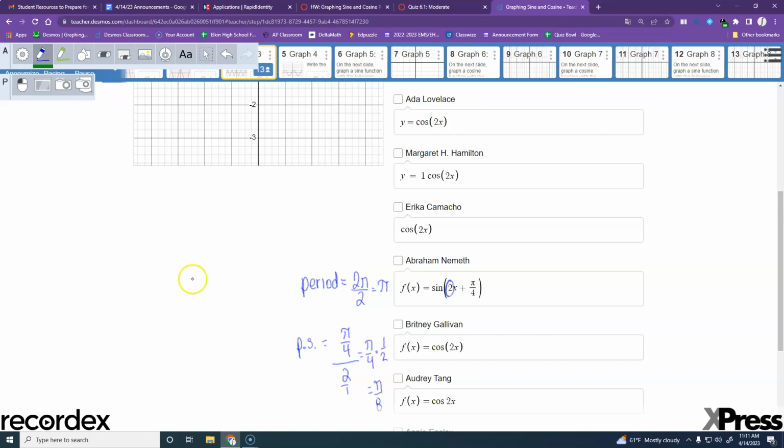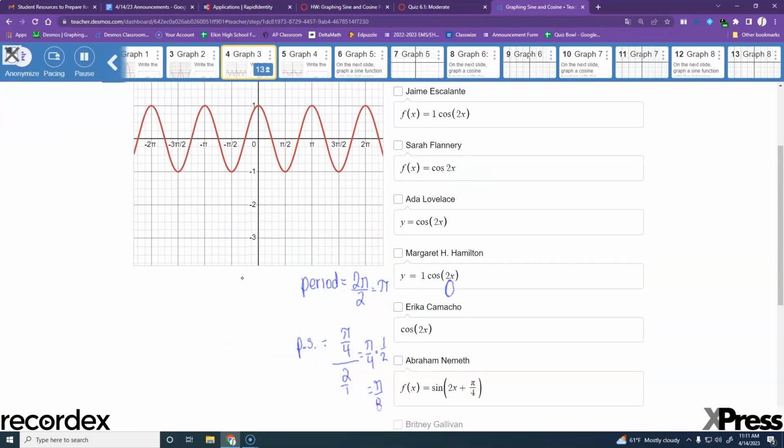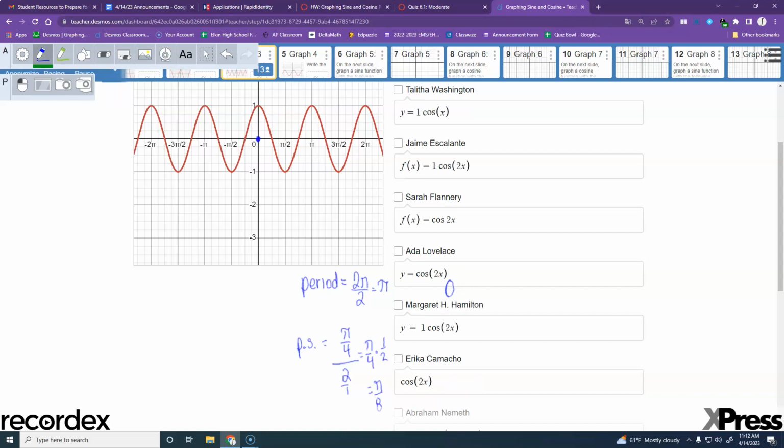So what this would do is take this graph right here, the sine graph. The sine graph would have a y-intercept at the midline, and then go maximum, midline, minimum, midline. So the original sine graph would look like this. How far would you need to move it over to get it to line up here?